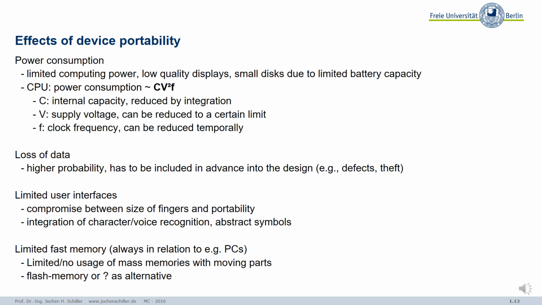Basically, if you design a highly integrated circuit, you have all the transistors, you have the memory, and you always have, as you might have learned in some of the lectures, certain capacity in the transistors. So, you load the capacitor, you unload it, etc. So it depends proportional to this capacity, proportional to the square of the voltage. So you reduce the voltage there, but also proportional to the clock frequency.